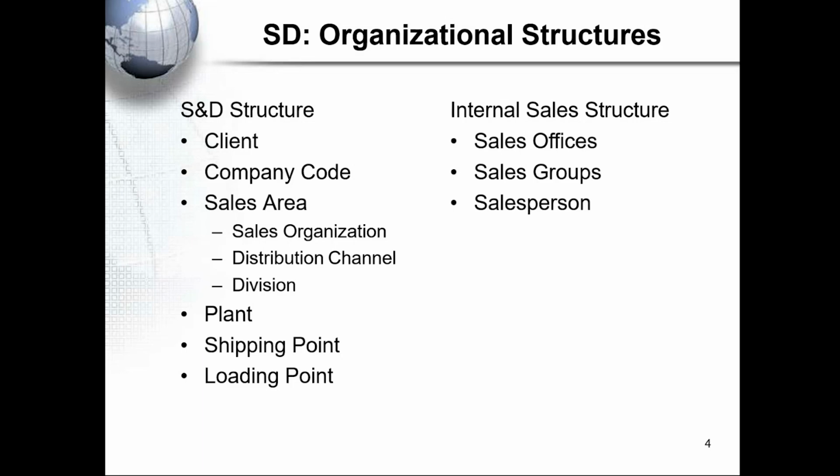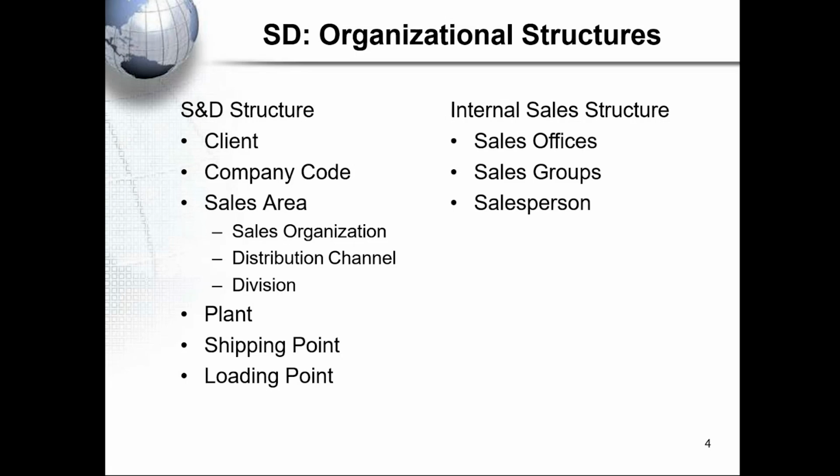Division is a product line, grouping the products which are similar in character. Sales office is a branch office where we actually do the sales, and inside the sales office, we have a group of employees. That is called a sales group. And this is the structure, right?